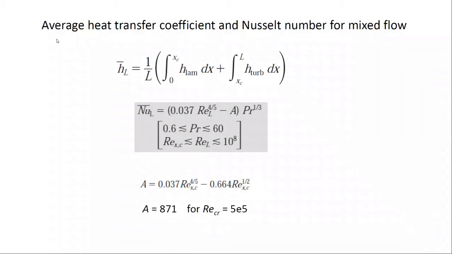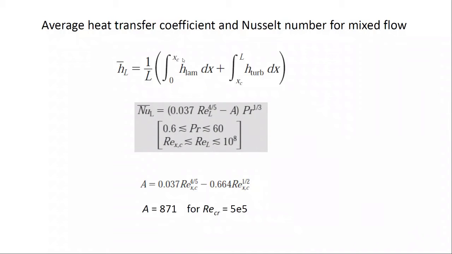But we need to remember that for a plate seeing a clean free stream, in other words, a well-ordered flow in the free stream, there will always be a laminar region at the front of the plate. So if we're interested in the average heat transfer coefficient for an entire plate, we have to integrate over both the laminar regime that leads up to the transition point.